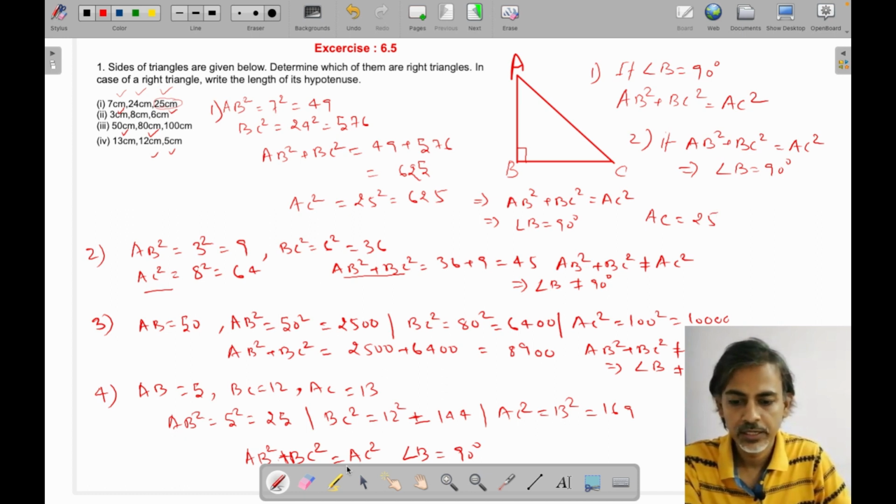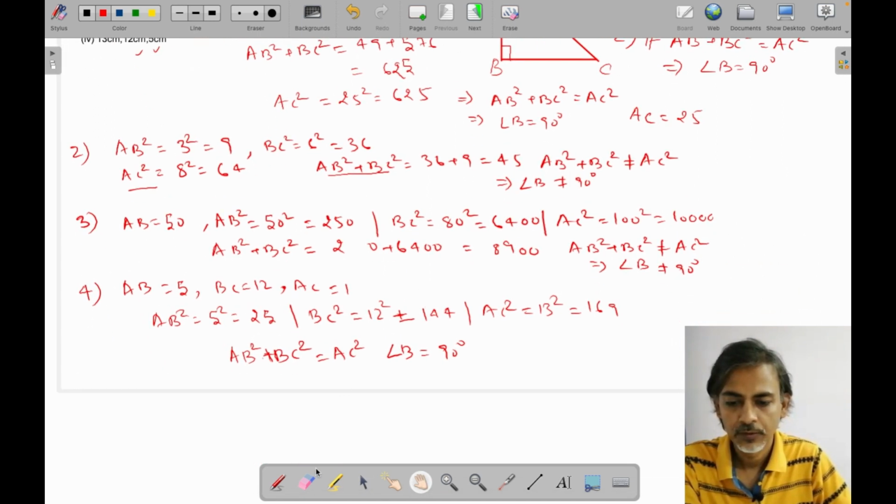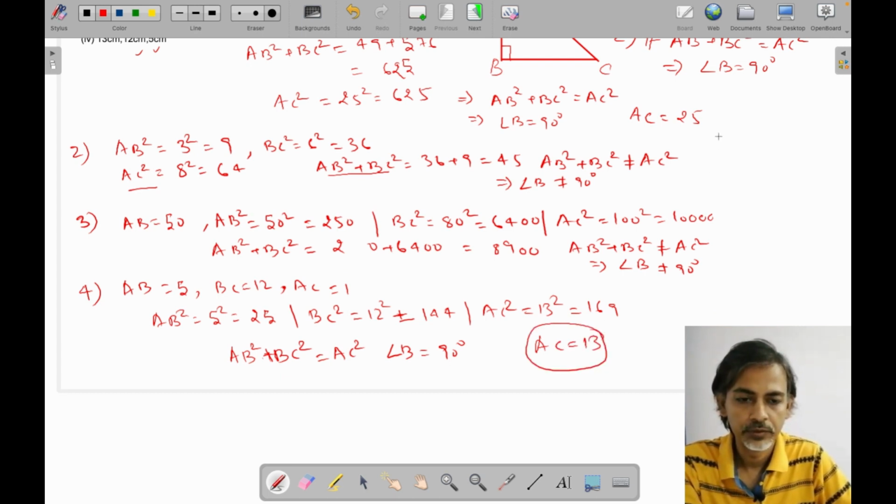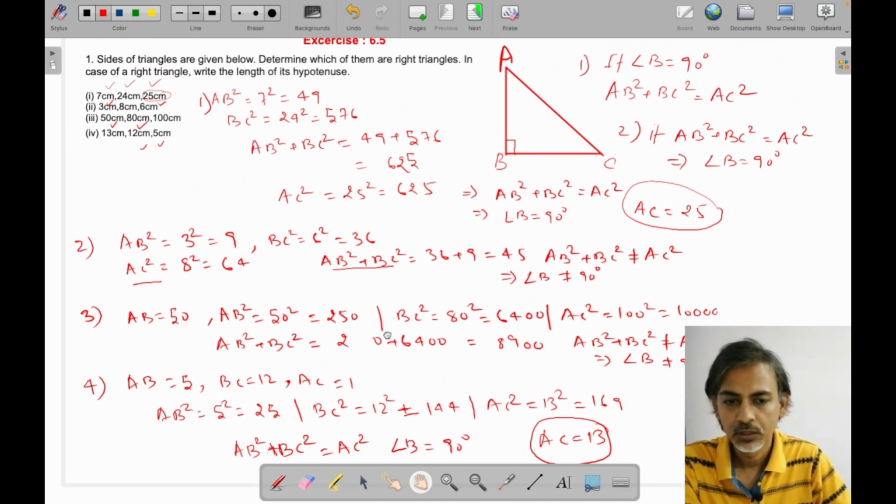And in the other case we have again AC equals 13. So this is my hypotenuse. So these two are my hypotenuse. In other cases there is no hypotenuse, right? So we are done with problem 1.